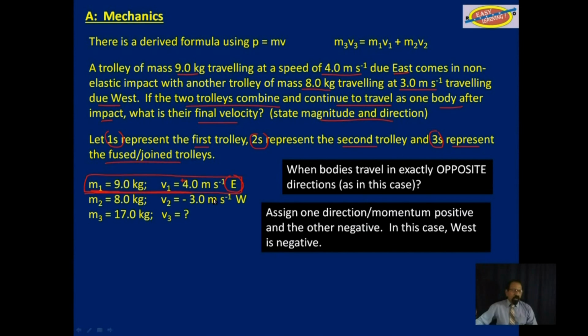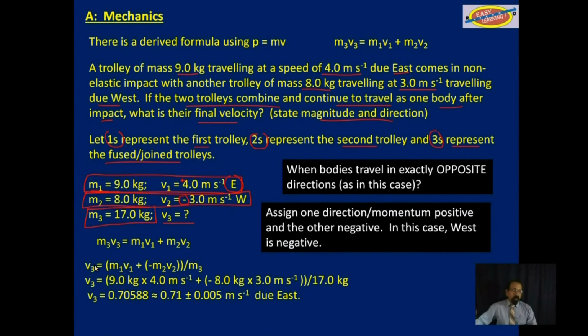The other trolley is traveling west. Its direction is negative. And this is the combined mass of the trolleys. We want to find the velocity and the direction after impact. So m3v3 is equal to m1v1 plus m2v2.